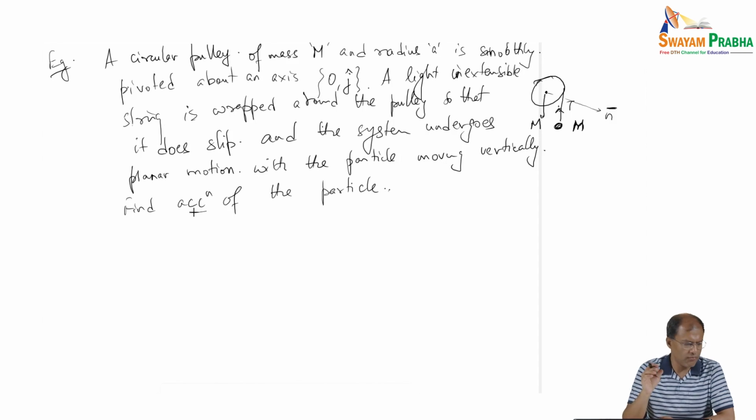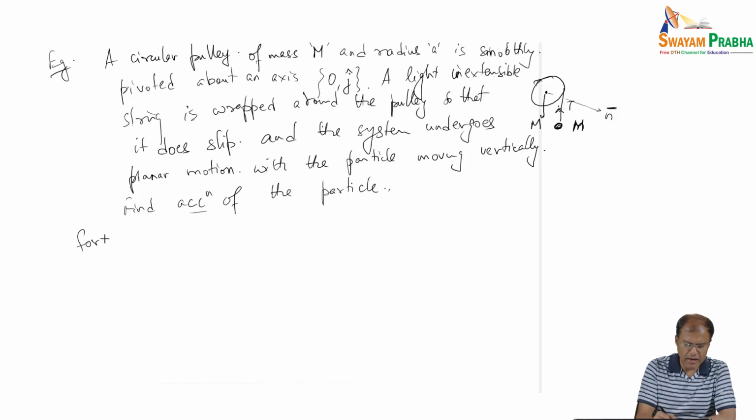Now let us write down the various equations of motion. We note that not only is the system translating, the system of the pulley and the mass, but also the pulley is rotating. So we have to write all these equations here.